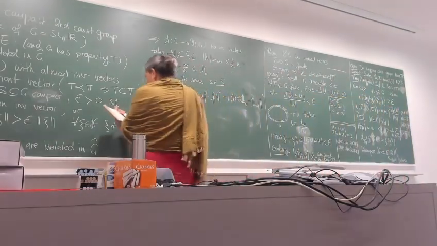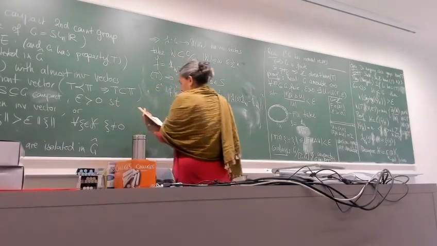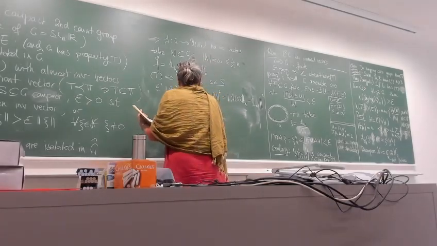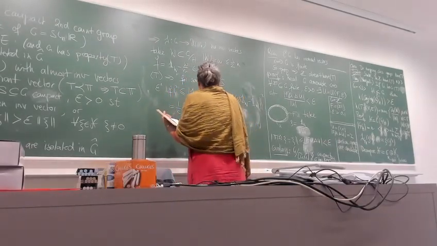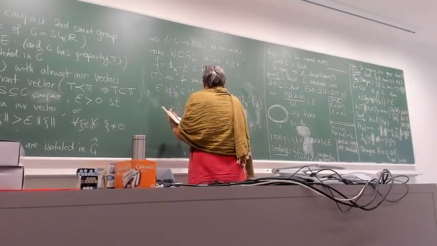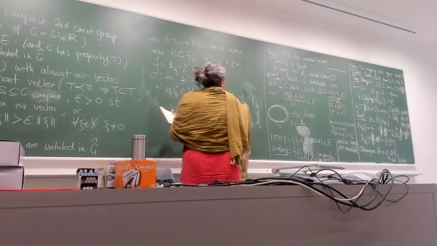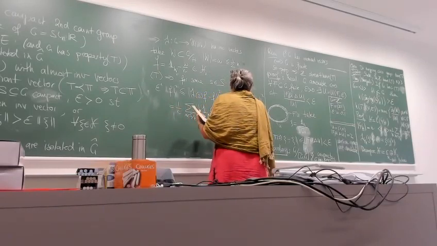So if you spell it out, it's going to be equal to 1 over n, sum over x in G mod H, of the absolute value of 1_W of s inverse x minus 1_W of x, squared.